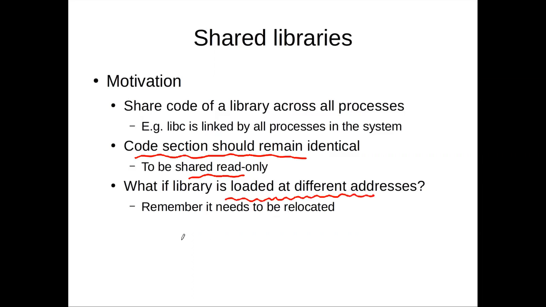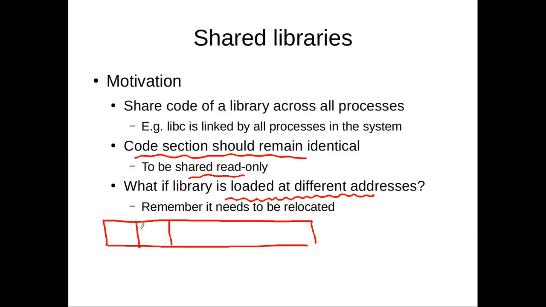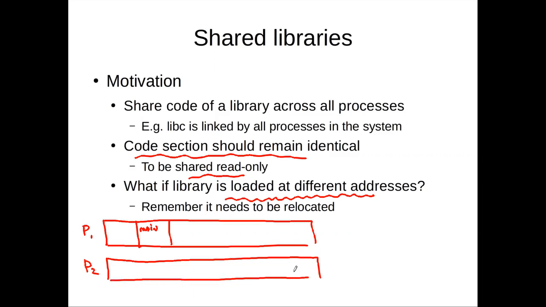Here, let me try to explain. Imagine this is my program A. It has this main part unique to this program, P1. Here is program 2. Maybe this space was used by some other libraries already, so we mapped libc here.